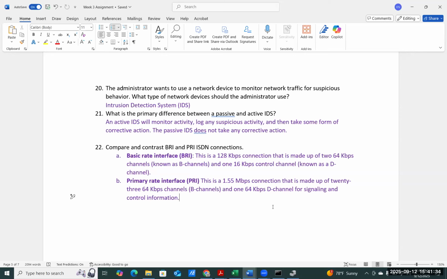Then your PRI, your primary rate interface, this is going to give you higher, right? Much higher than the BRI at 1.5 megabit per second. So what it did was it is a 20 multiplier. So you're going to take 20, or I'm sorry, 23 and multiply it by 64. So 23 times 64 is going to give you roughly 1.55 rounded, right?